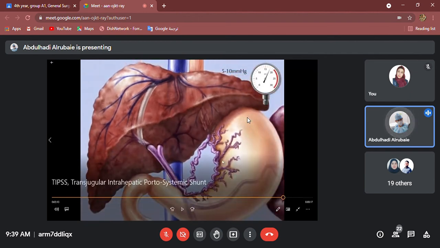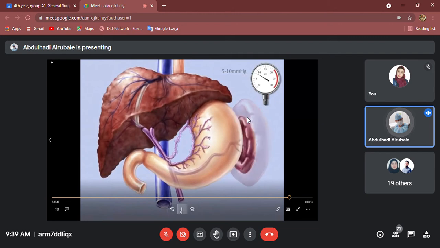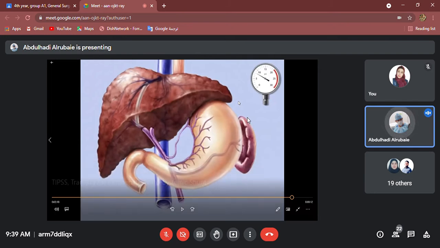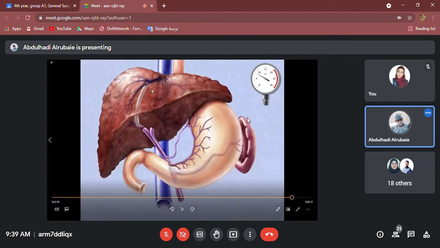Then we check the pressure and show that the pressure has been reduced. Of course this is an effective way to reduce pressure and prevent variceal bleeding. Okay. This is now commonly used in very well-equipped centers or tertiary centers. Okay.